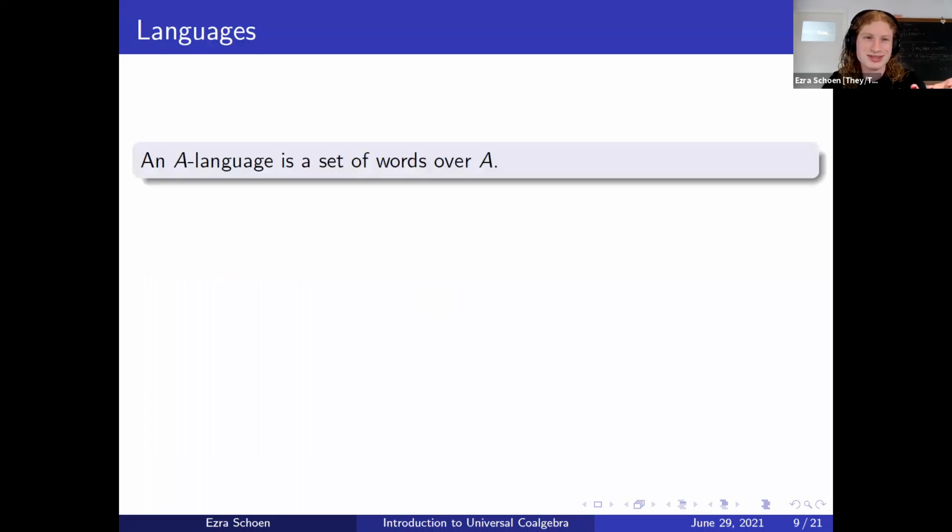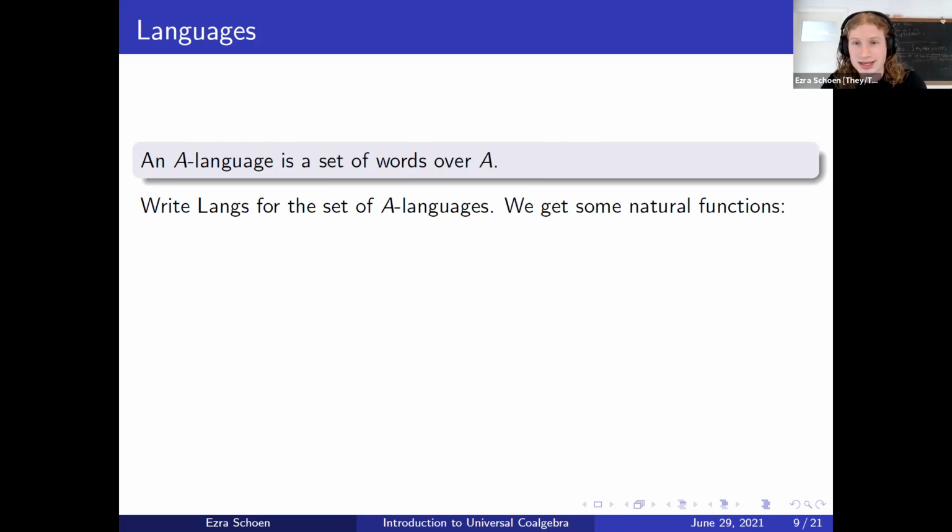Another final coalgebra, which again is kind of interesting, is that of the language coalgebra. So we previously saw this functor for deterministic automata. And now, of course, an A language. So if we have some alphabet A, then an A language is just a set of words. And we can put these together into a set.